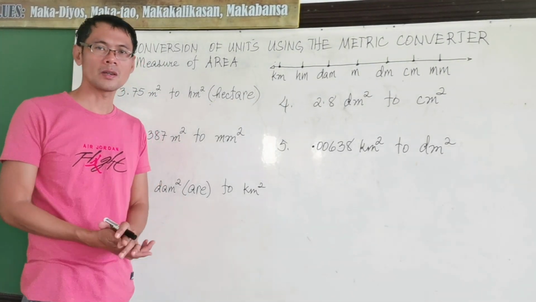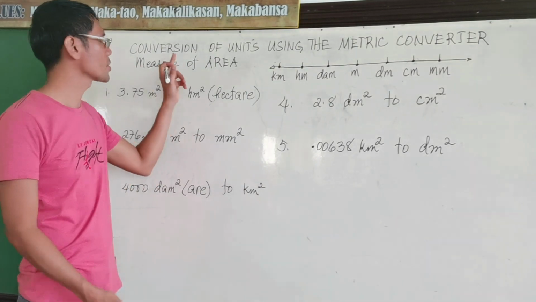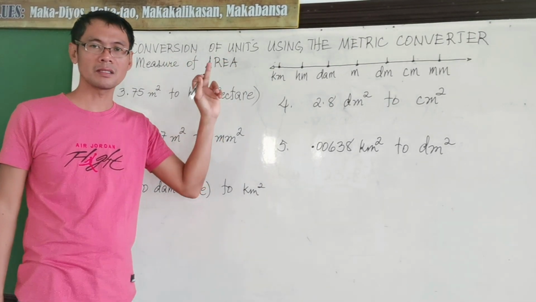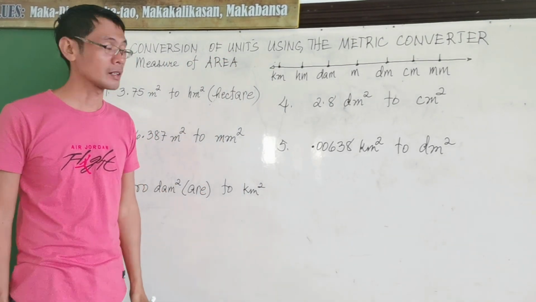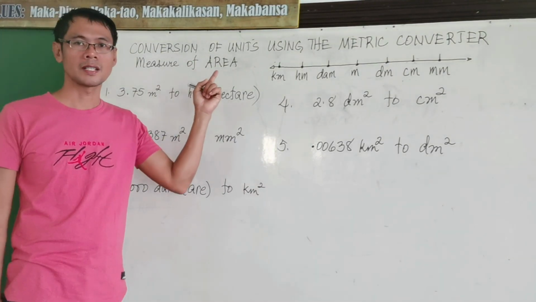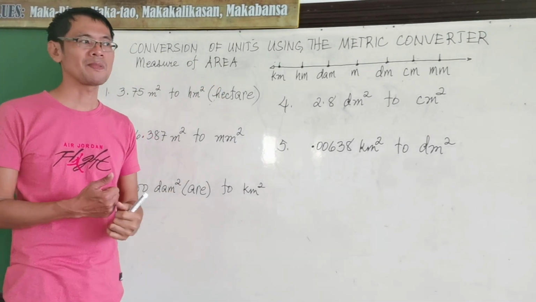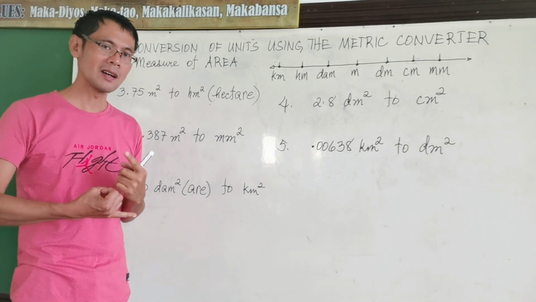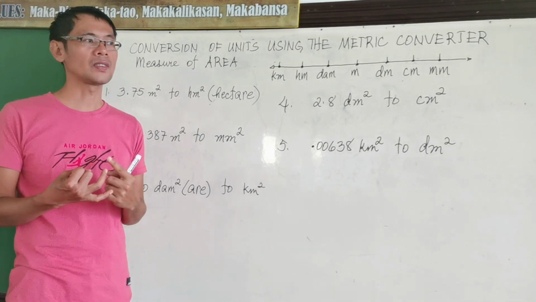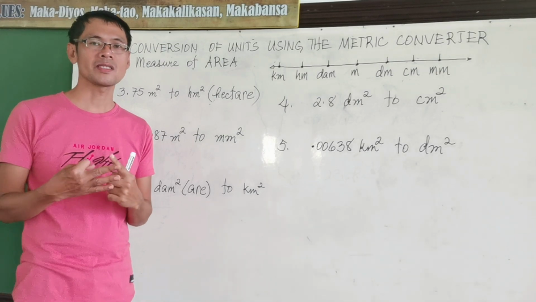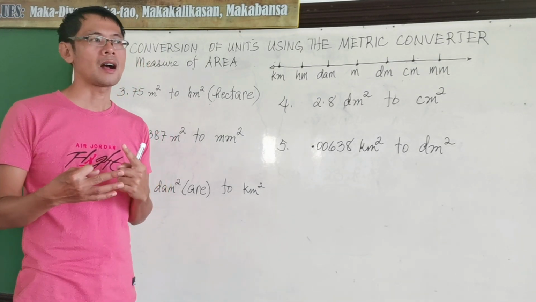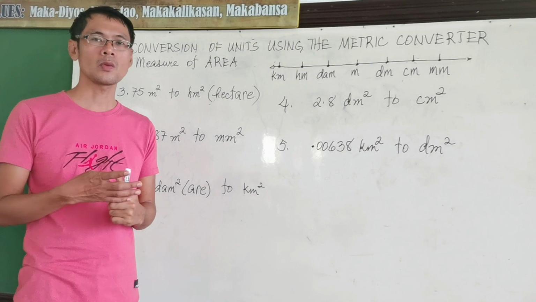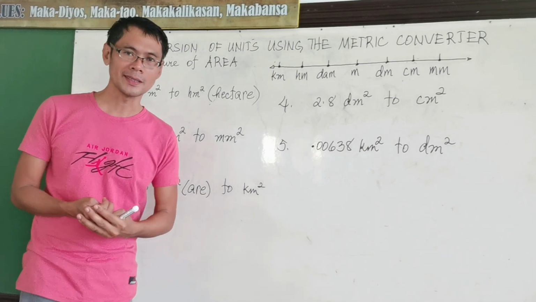This time guys, we are going to discuss conversion of units using the metric converter under measure of area. When we speak of measure of area, we speak of hectare, we speak of R, we speak of meter square or square meters, we speak of kilometer square or square kilometers.